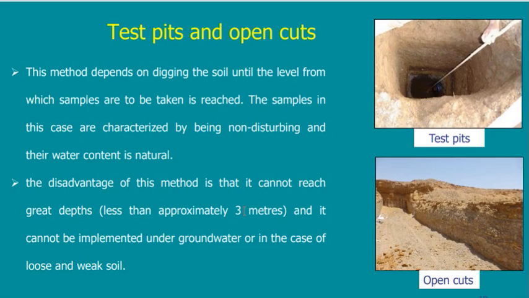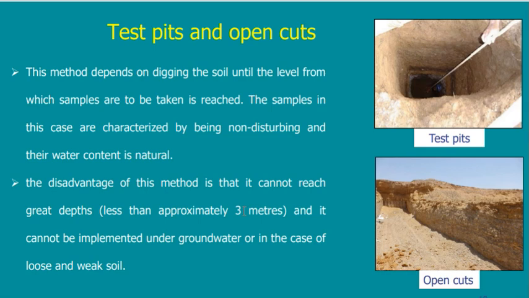The second type is called the test pits. We said that boreholes distort our sample. It gives us samples that are not in the normal shape of it in the ground. So what can I do to see a better sample?